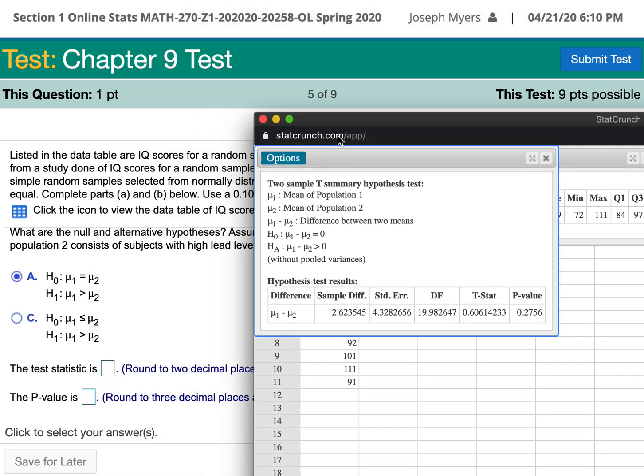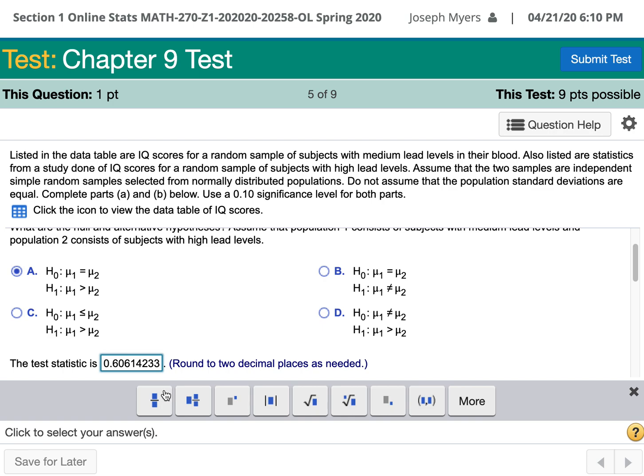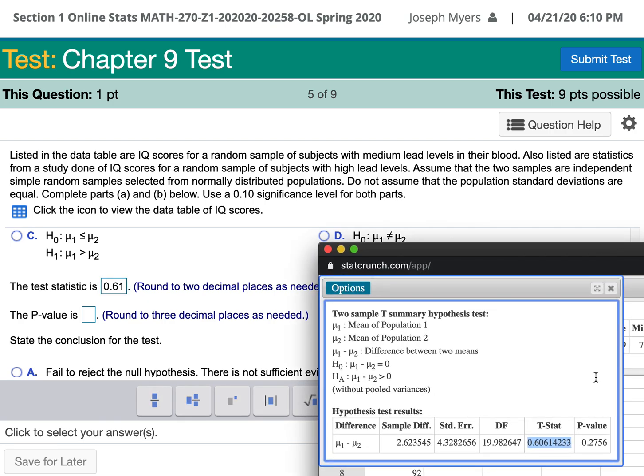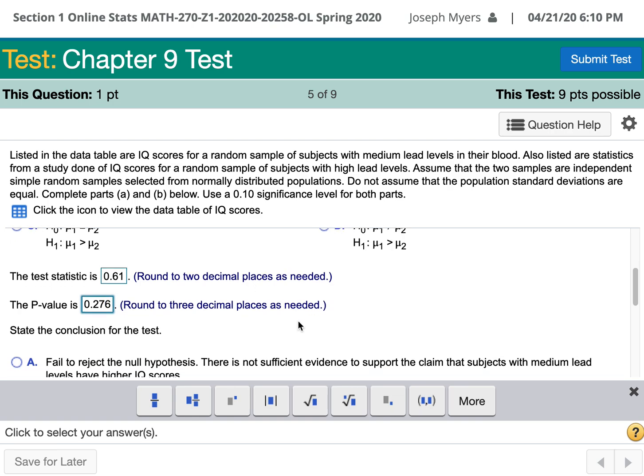So there's the result. So the test statistic is that number. Rounded off to 2 decimal places, it'd be 0.61. And then the p-value is this number. To 3 decimal places, it'd be 0.256.